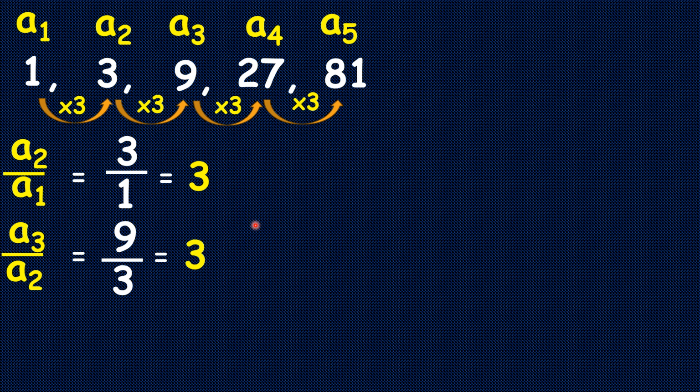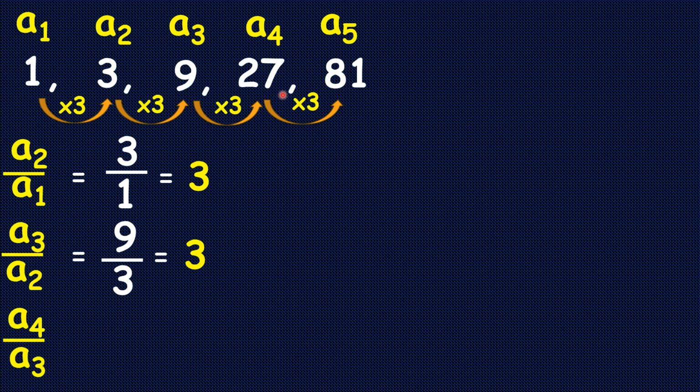So what we're trying to do is to establish a common ratio across the board, not just across one or two terms. The only way for us to conclude that this is a geometric progression sequence is when all the terms have a common ratio of 3. So we have done A3 divided by A2. We'll move to the next.